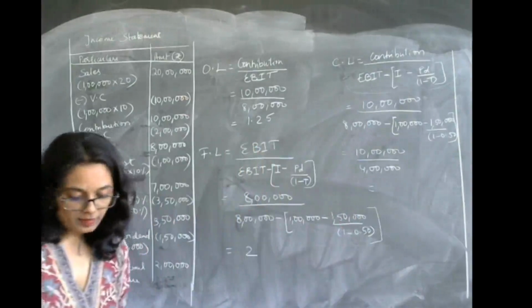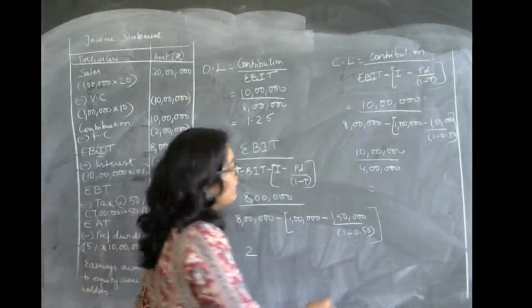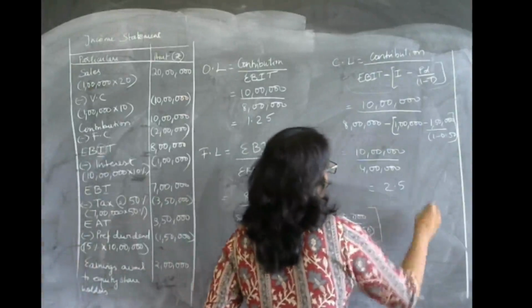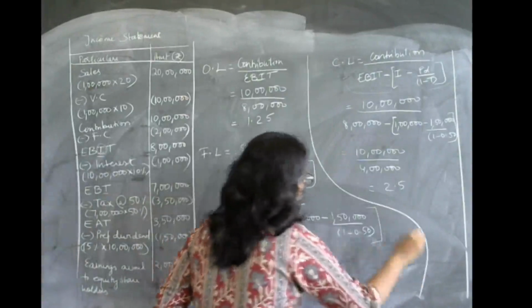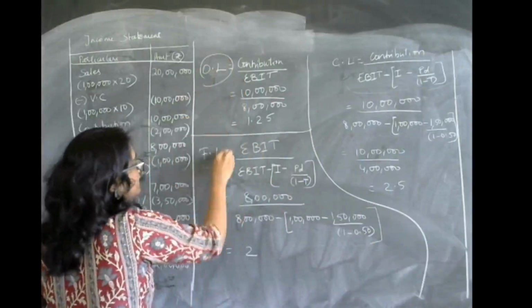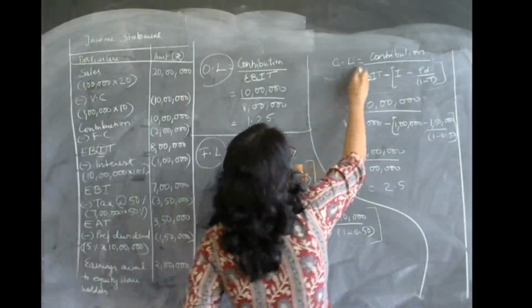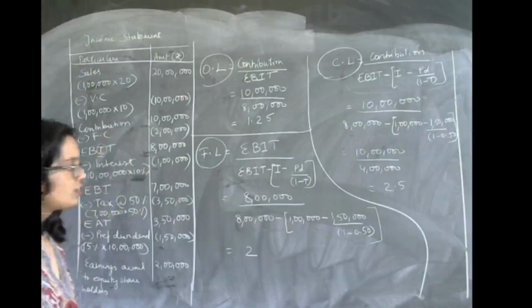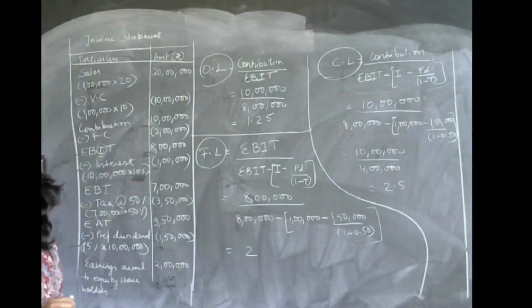So it is coming how much? It is coming to 2.5. So you have your operating leverage, you have your financial leverage, and you have your combined leverage. So all the leverages we have solved over here.